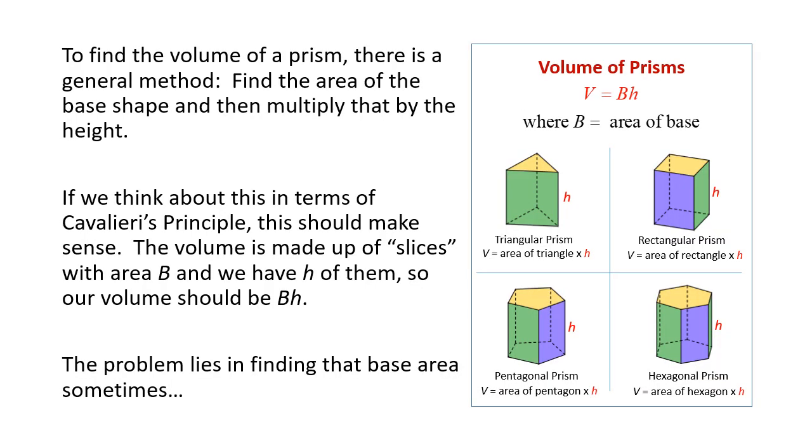So to find the volume of a prism, there is a general method that we're going to use, really just one formula for all prisms, and as we're going to see on the next slide, cylinders also. And that is that the volume is equal to the base area times the height. Now, you might be wondering, why is the B a capital and the H a lowercase? The reason is because the base is an area, so it's a two-dimensional measurement.